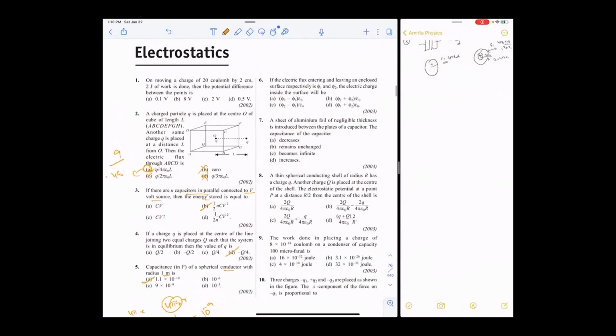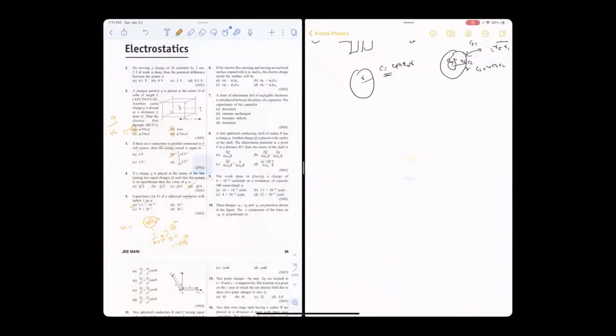The next one. If the electric flux entering and leaving an enclosed surface is phi 1 and phi 2, the electric charge inside the surface will be what? The charge enclosed divided by epsilon naught is the net flux. So question number 6, again Gauss law.